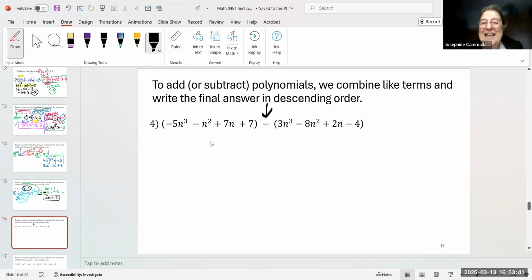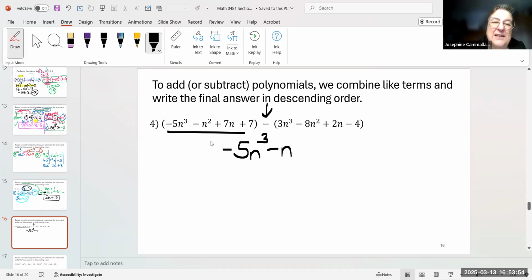Now, I like block with subtraction. This term is going to be written -5n cubed minus n squared plus 7n plus 7.